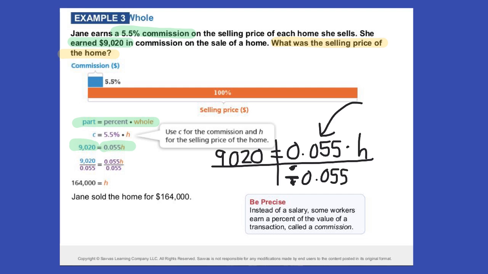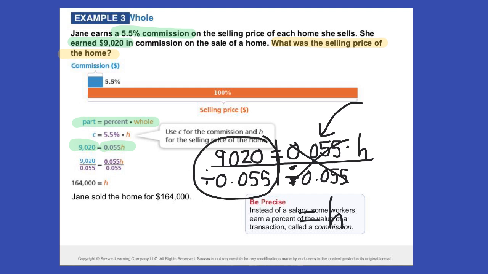But if I do it to one side, I must do it to the other, otherwise my balance is no longer level. 0.055 divided by 0.055 is 1H. And $9,020 divided by 0.055 gives us the $164,000 house that they were talking about.